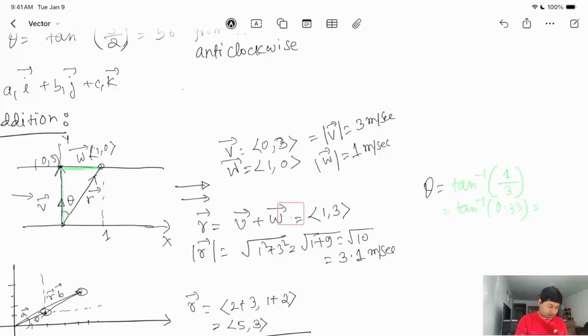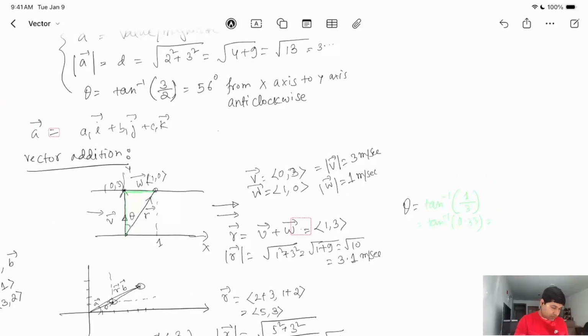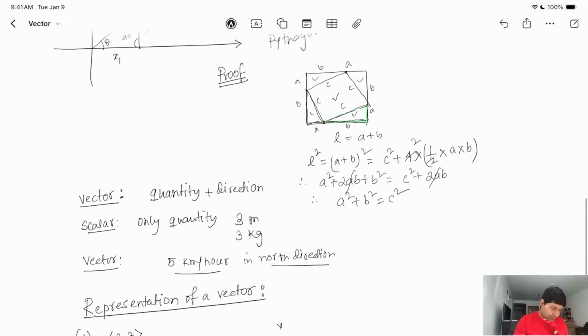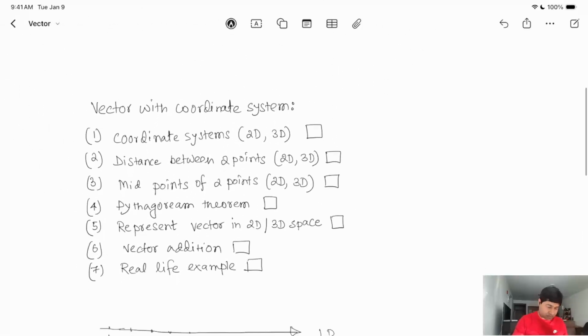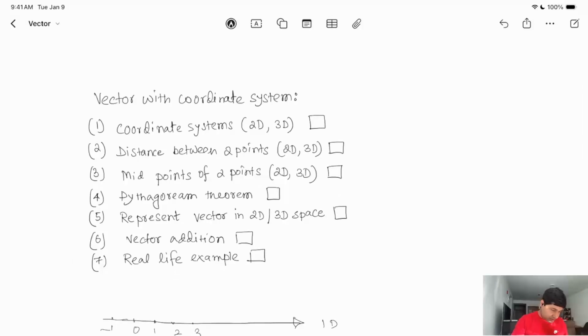Okay, so till now, if I go back to the top, we discussed how a point is represented in two-dimensional space. We discussed how distance is calculated in two-dimensional space. We did not discuss the midpoint right now, but we discussed the Pythagorean theorem.